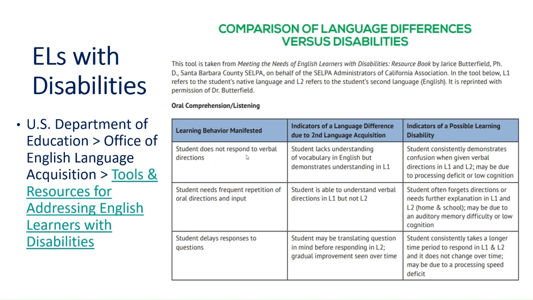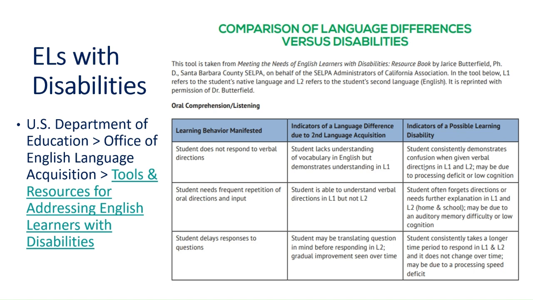Now, the student is not responding to verbal directions. If the student demonstrates understanding in their home language but struggles in English, this difficulty is likely connected to language development. However, if the student does not respond in either home language or English, this may signal a need for further evaluation.